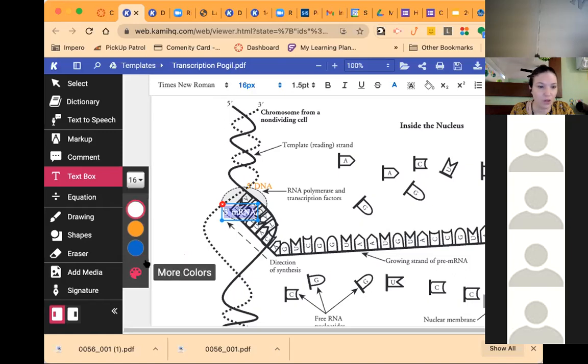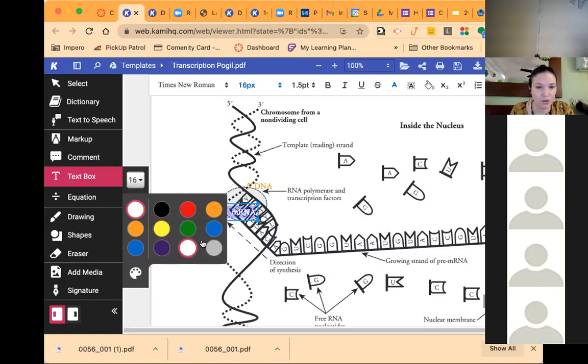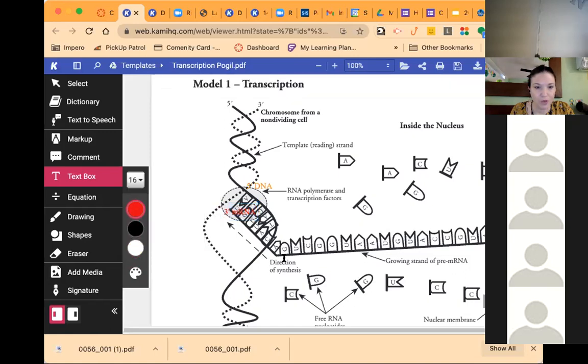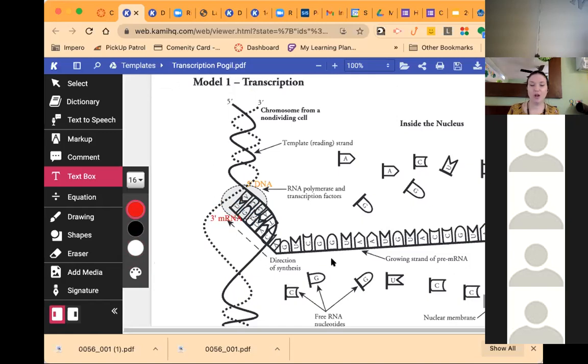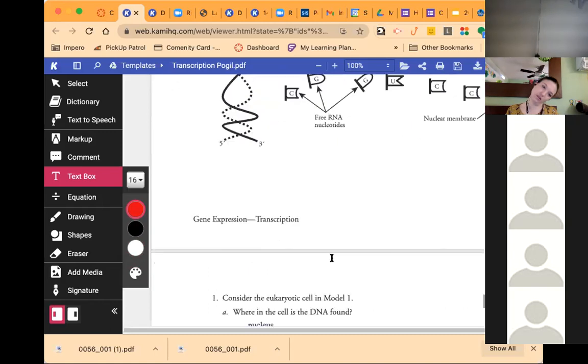Maybe the white. Red. Well, I don't know. This is the 3' end of the mRNA. Here, we'll put it down here so maybe you can see it. Okay, label those on yours. That's the point of this. Cool. So the 5' end and the 3' end are always together.